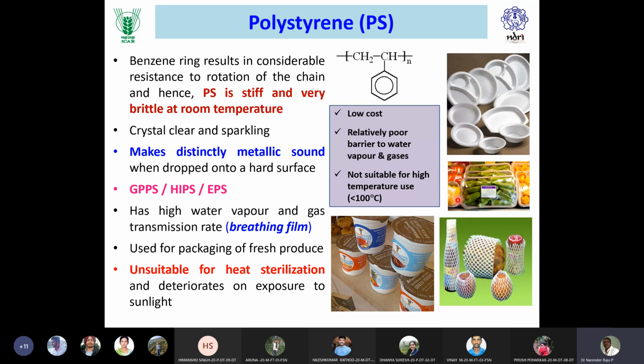The accumulated water vapor and the released CO2 inside the pack can be released to the atmospheric air at a constant rate, so that when CO2 and ethylene are not accumulated inside the pack, the respiration rate can be controlled. Because of this, polystyrene is commonly used as a breathing film. As if we breathe, inhale and exhale, this material will also exhale the gases from inside to outside.